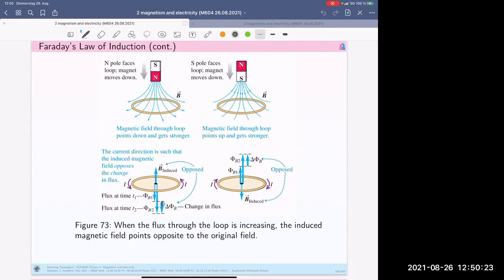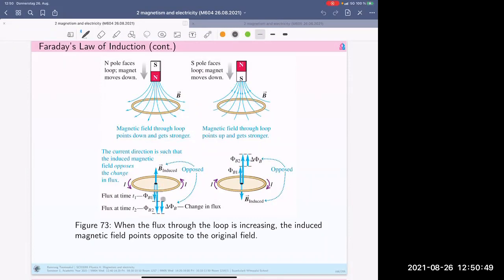There is a flux change in this direction, and Lenz found that the conductor doesn't like that situation. It tries to keep the amount of the magnetic flux the same as the first situation, which is Φ_B1.